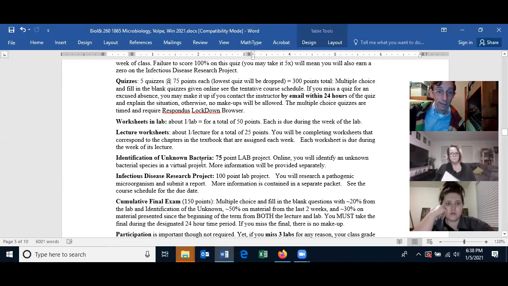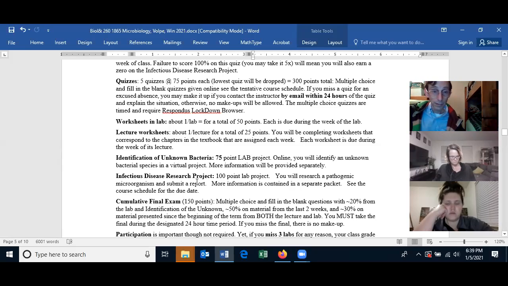Also in the lab, there's the unknown bacteria. I'm going to give you an unknown bacteria, and then for the rest of the term, you're going to be running different tests on it, trying to determine what that unknown bacteria is. And this will all be done online because obviously we cannot meet in the lab.